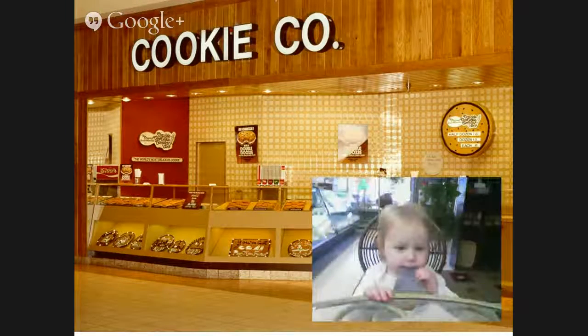And so basically, you can think of this as a place that sells cookies. Okay? They make cookies. People come in and they buy the cookies. As they buy the cookies, of course, they run out of cookies. They got to make more cookies.